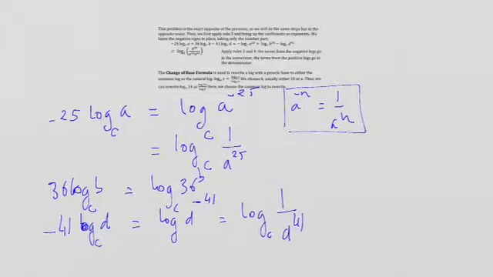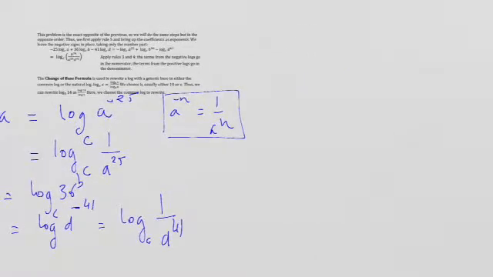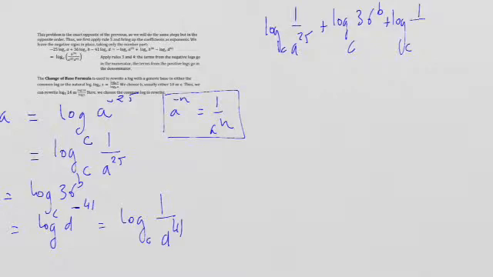Now I'm going to reunite these three terms, so I have log base c of 1 over a to the 25 plus log base c of b to the 36 plus log base c of 1 over d to the 41.